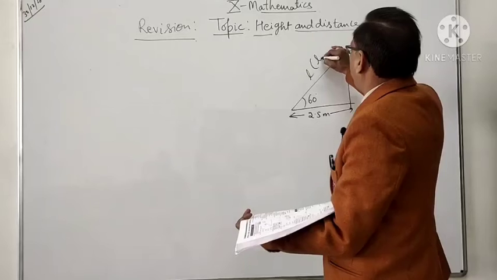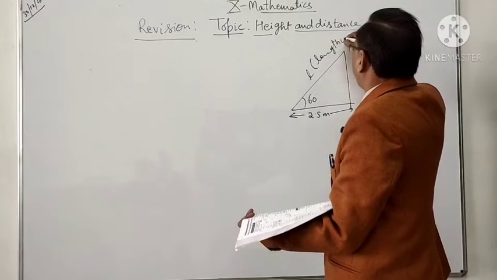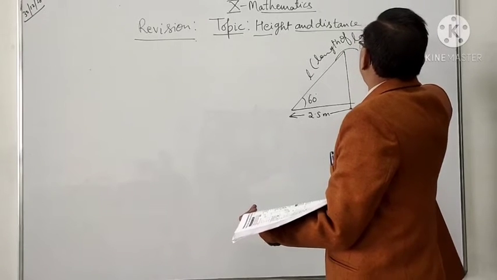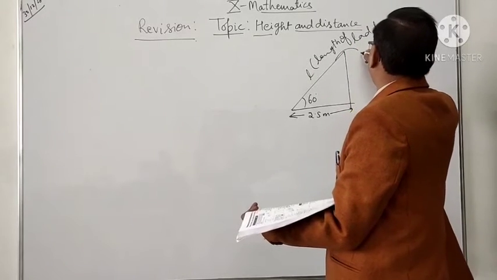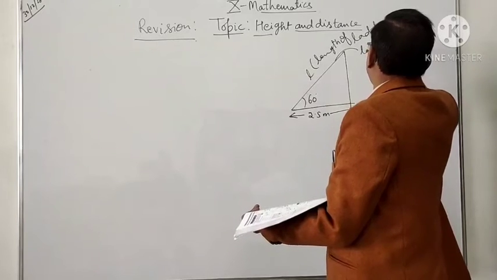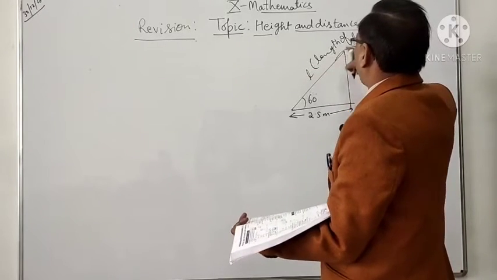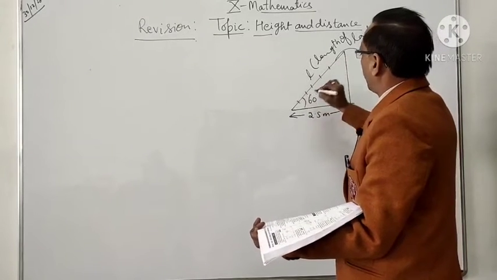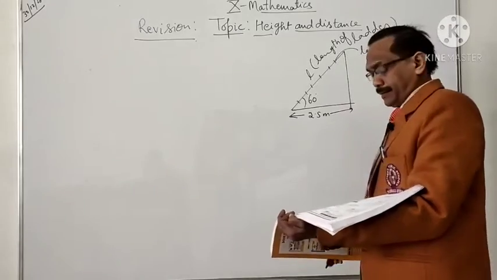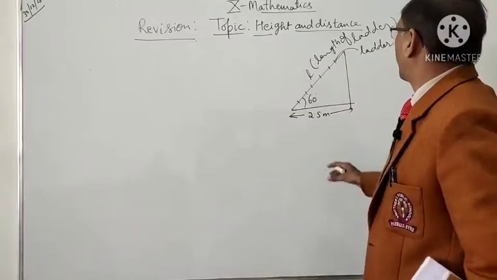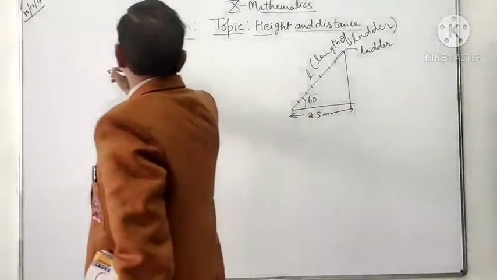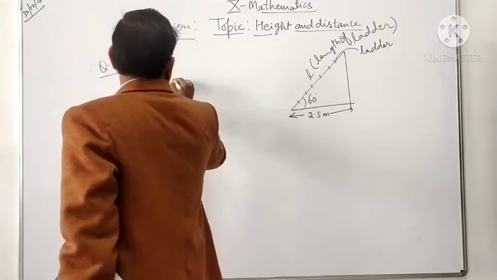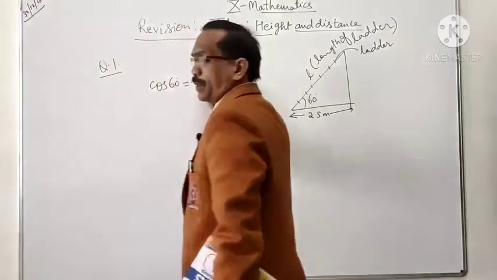Let L be the length of the ladder. This is the ladder. L is the length of ladder. Then there is a trigonometrical ratio: cos 60 degree equal to base upon hypotenuse.